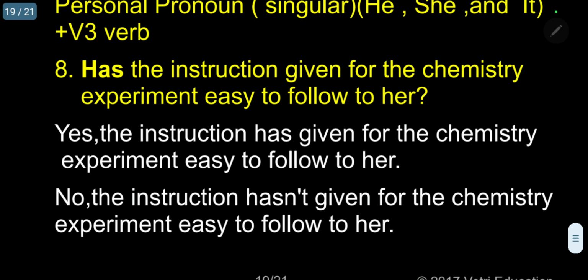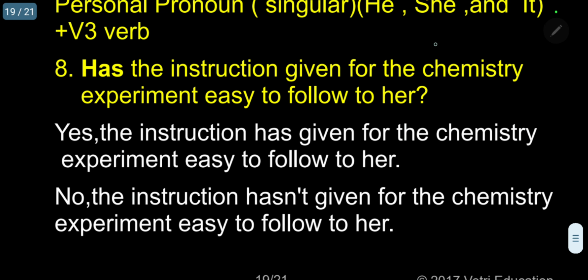Has the instruction given for the chemistry experiment been easy to follow for her? So here, yes, I can use: yes, the instruction has been given for the chemistry experiment, easy to follow for her.